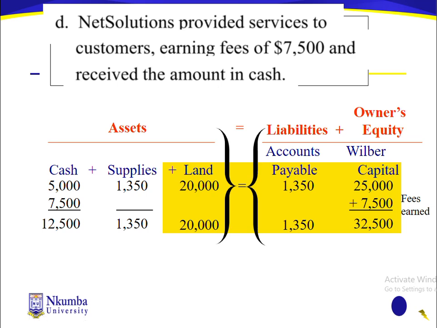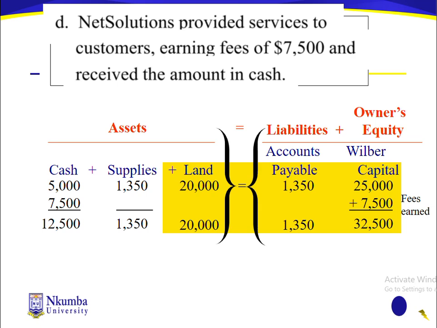So when we receive cash from the customer, that means that we have sold goods. So we shall debit the cash, because cash is going to increase. And that cash could be, if it is paid at bank, the bank account will increase.